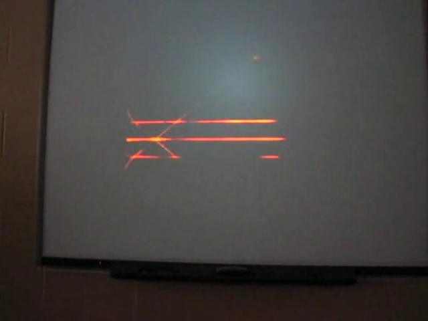So these are the incoming rays. And then this is the reflected ray right here. The one in the middle goes right back on itself. And this is another reflected ray. Okay, so let me turn the light back on.